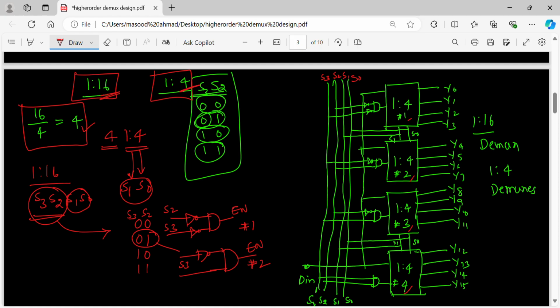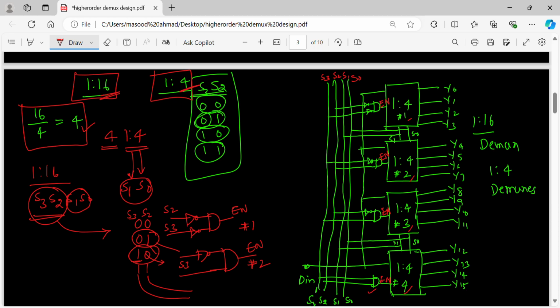Similarly, it is being shown here: wherever 0 is there, an inverter; where 1, no inverter, and directly giving it to the AND gate. So this is all we are generating. This is enable, this is also enable, this is also enable.